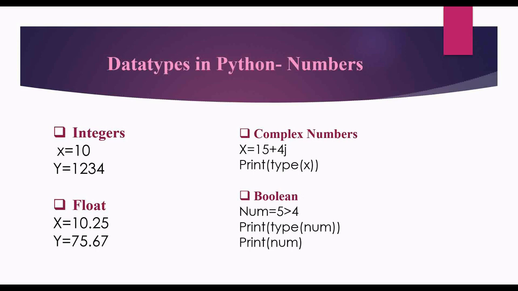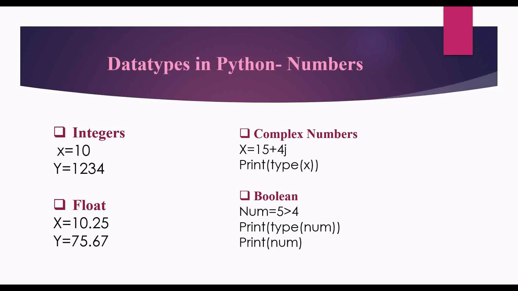So first comes integers. As we all know, it is used to represent whole number values. And how can we do that? We have seen in variable declaration and initialization of values, we simply write x equals 10, or we can write y equals 1234.